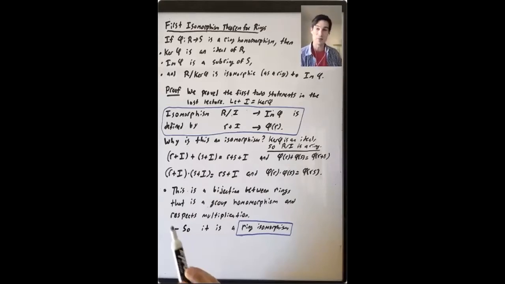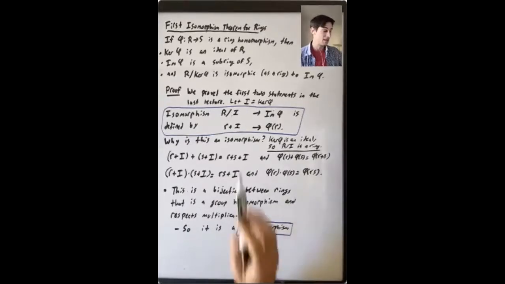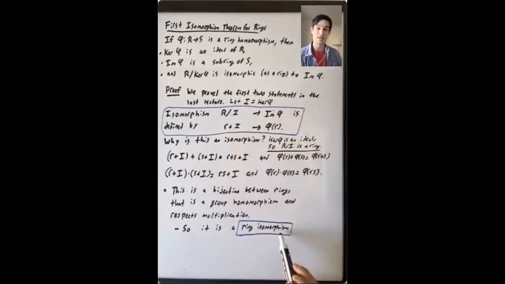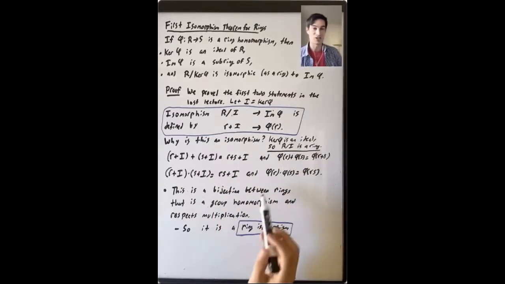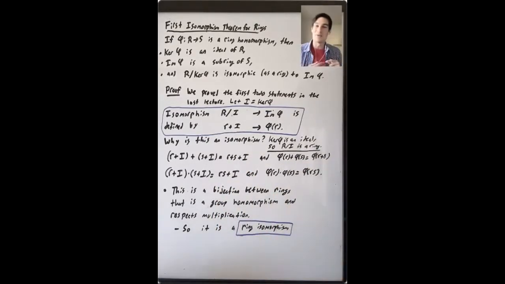And it's a group homomorphism, and it respects multiplication. So all of these things taken together say that this is an isomorphism of rings, which proves this result. I'll leave it as a little exercise for you to go from this discussion to a fully rigorous proof, or you can look at the details in Dummit and Foote.